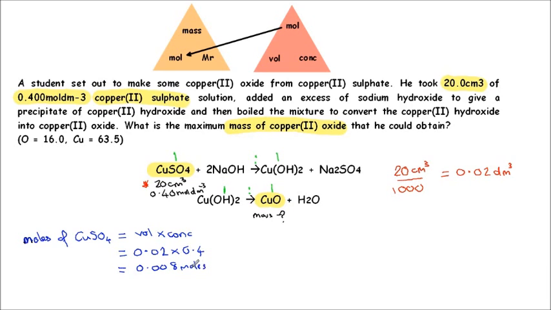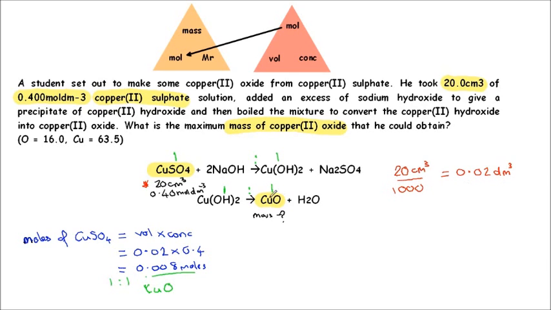Okay, so don't think, oh, I'm too smart to put out the steps, because you'll mess something up. So stick with this way of doing it. So we've got a ratio then of 1 to 1. So that's going to be the same number of moles of copper oxide.